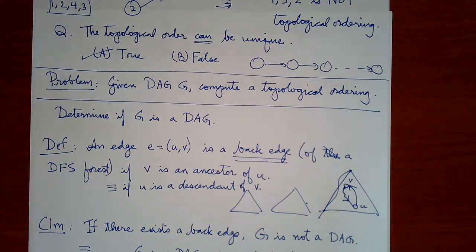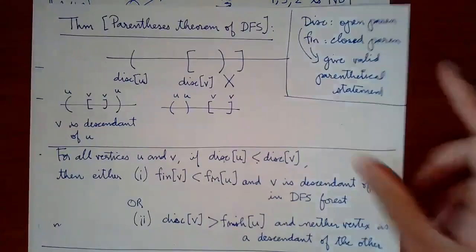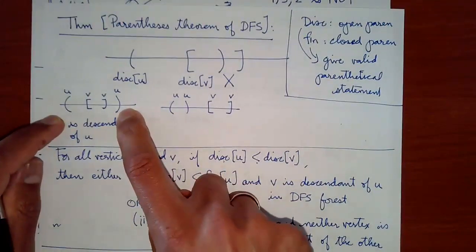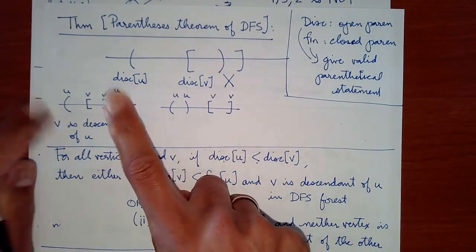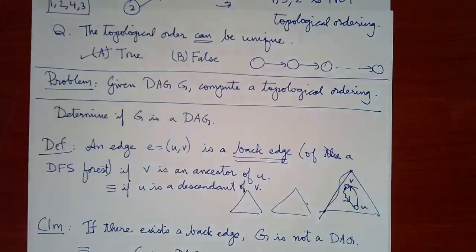So just to bring this back up again, the start and finish times tell you whether something is a descendant or not. And so you can simply look up the times to determine if V is an ancestor or descendant of U. So the start and finish times are extremely useful here. So you just get the start and finish times, and then you go ahead and run this. Any questions?